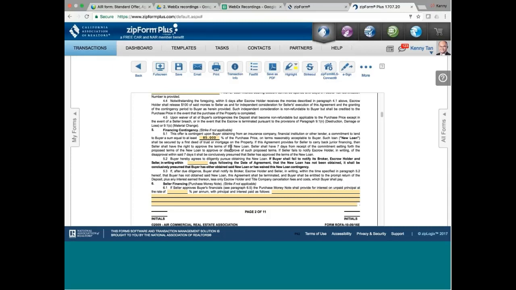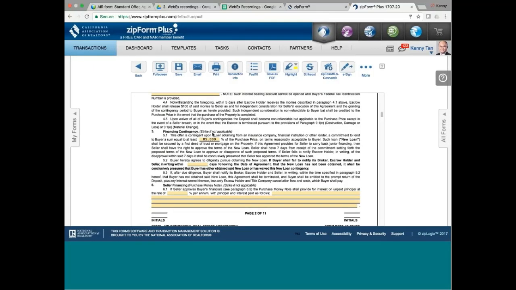For example, if the lender comes back and says, based on your credit score, we can only loan you up to 70% LTV. So in that case, my buyer can cancel based on the loan contingency, because in my agreement, I told the seller that I needed to borrow up to 85% LTV. Okay? So that's how you fill out the financing contingency.